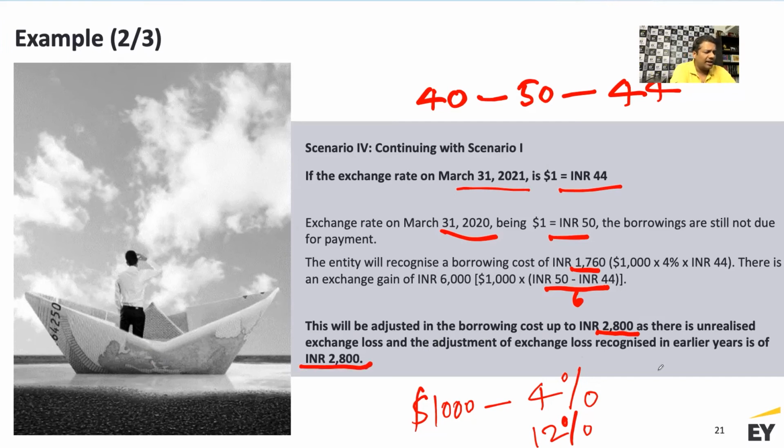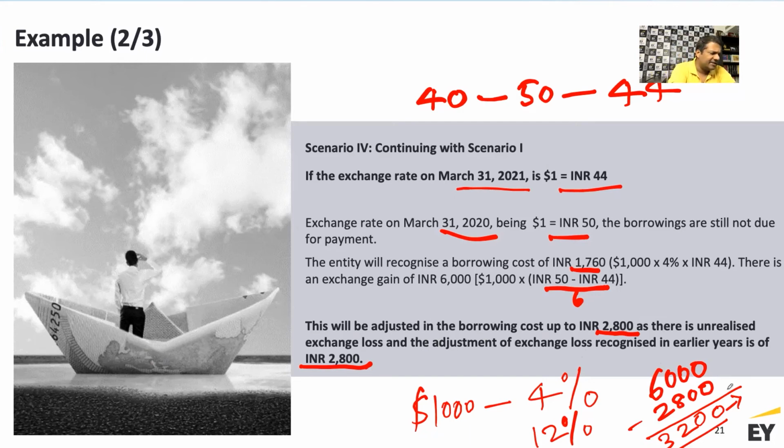So my total exchange gain here is 6000. 6000 minus 2800. Now, how much am I left with? 3200. This 3200 is the exchange gain that will go and sit in my profit and loss account.